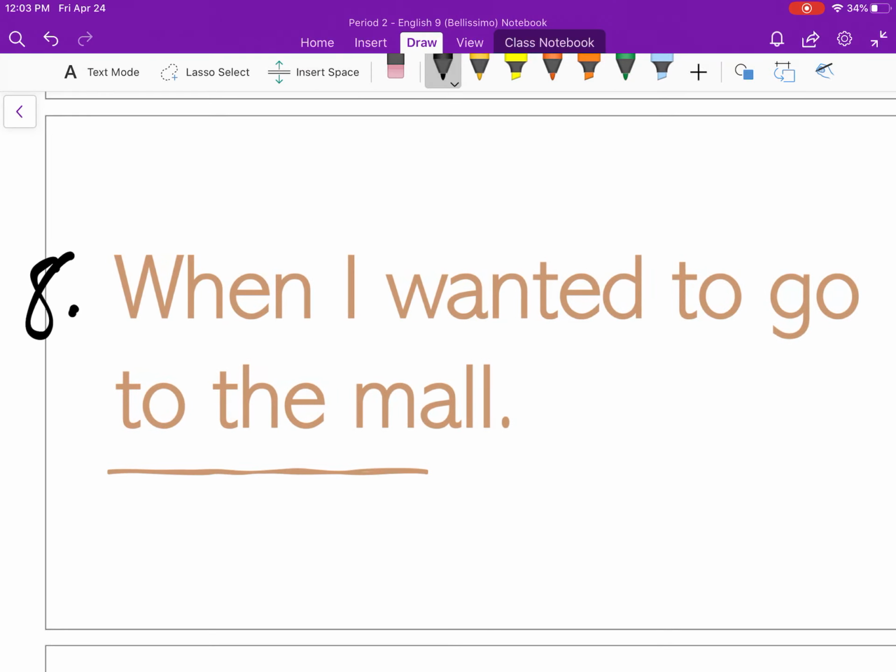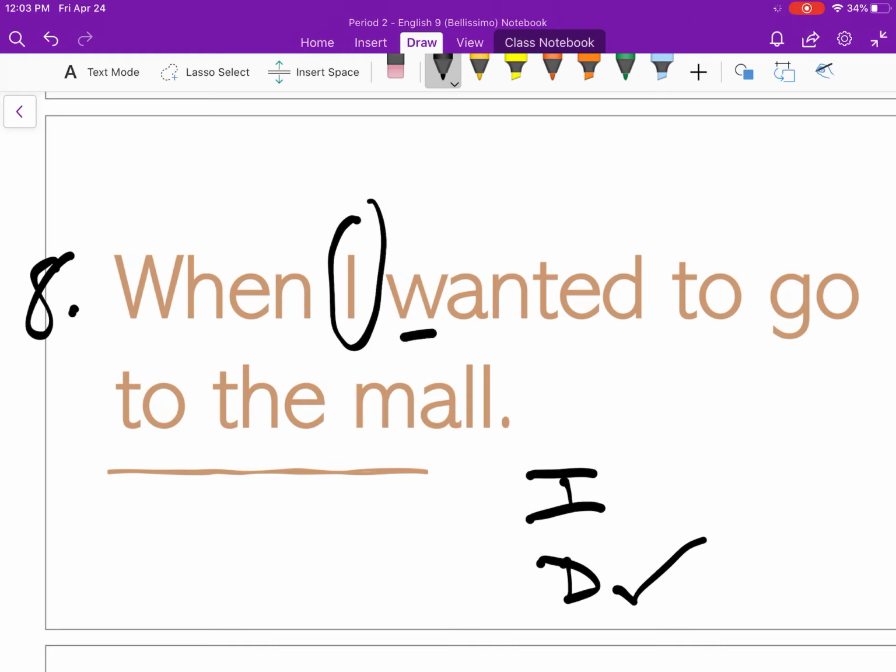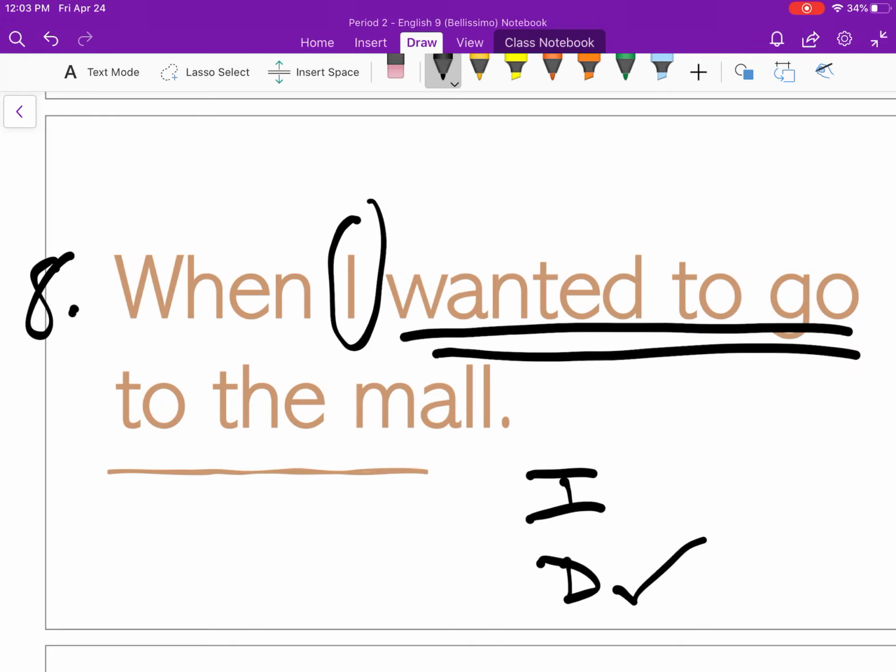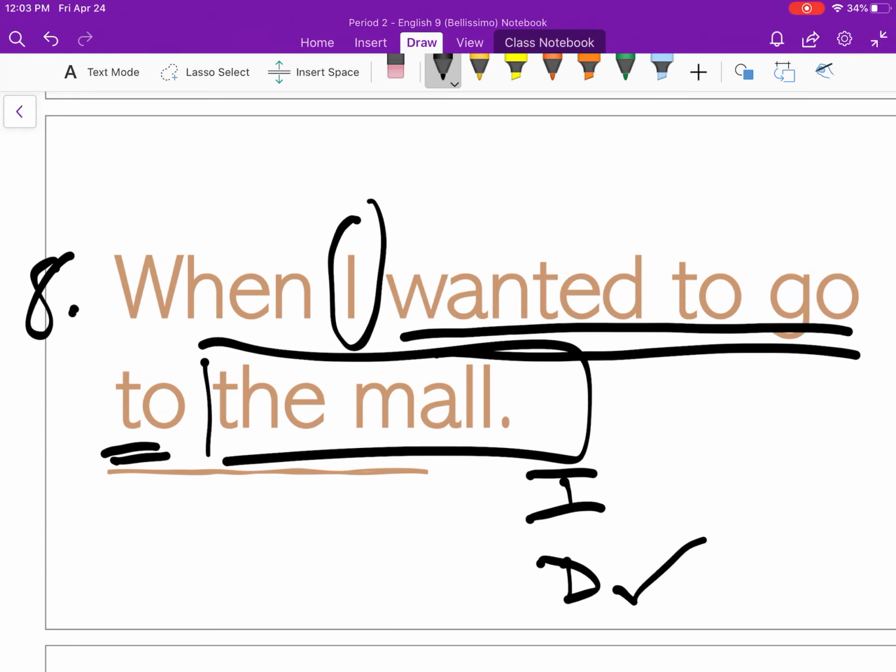When I wanted to go to the mall. Is this independent or dependent? Find your subject. Is there a word before it? Ready? Dependent. I is our subject. To want to go to the mall.